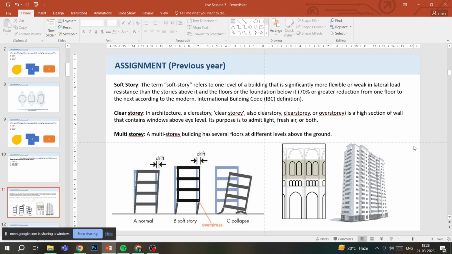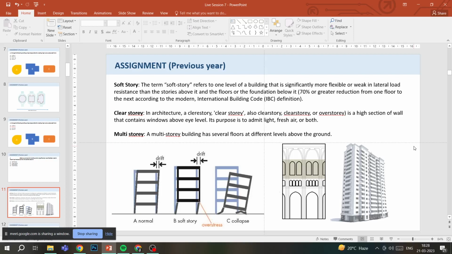But in case B, if there is a soft story involved, for example, the ground floor has a soft story and the above floors are rigid, when an earthquake happens, the soft story would move and the above building would just stay in its place, but the soft story is moving and that will create a load and pressure, and there would also be a lot of stress on the joints of this soft story with the above stories, and in worst cases a collapse can happen if it's too weak. So that is what a soft story is.